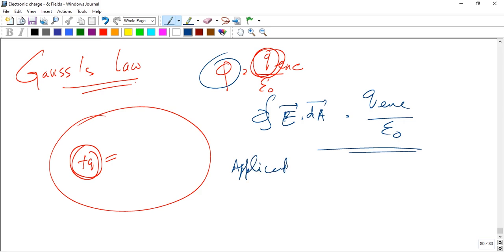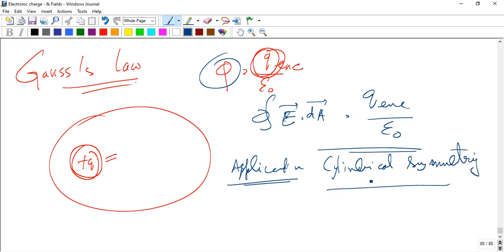Gauss's law: we discuss three types of application. First, cylindrical symmetry for line charge distribution. Second is planar symmetry, for surface charge.